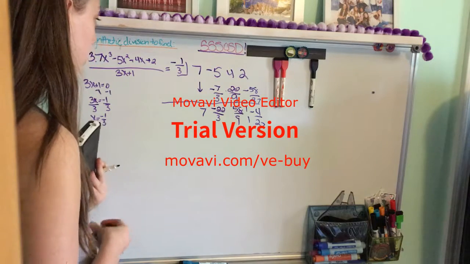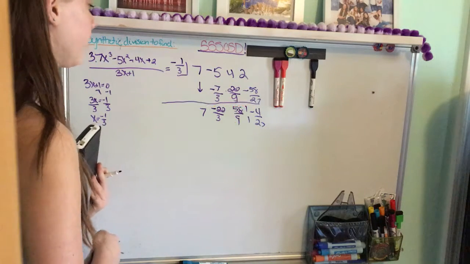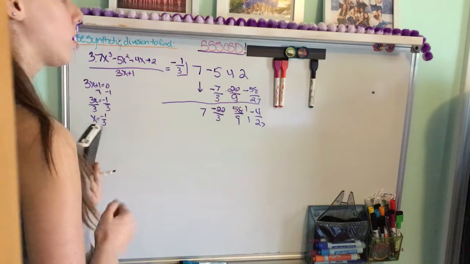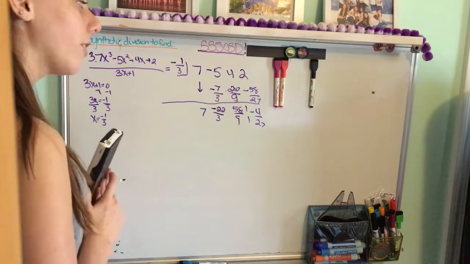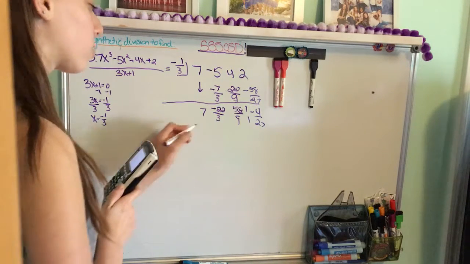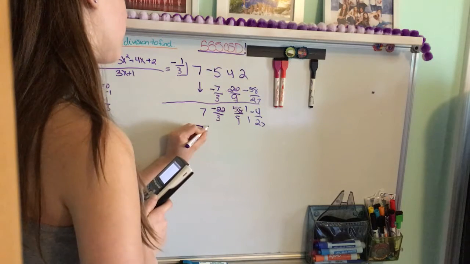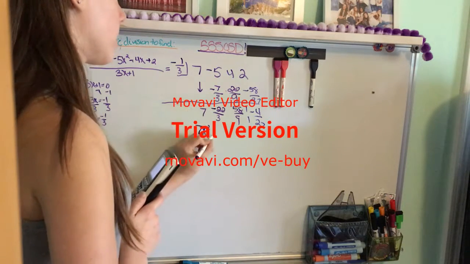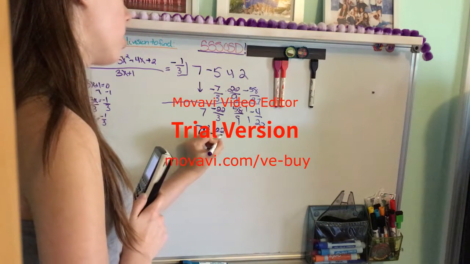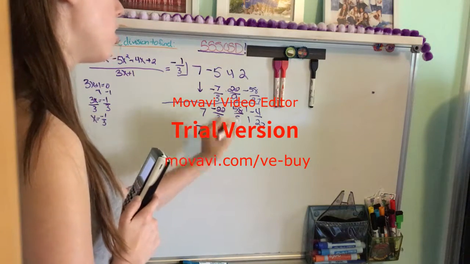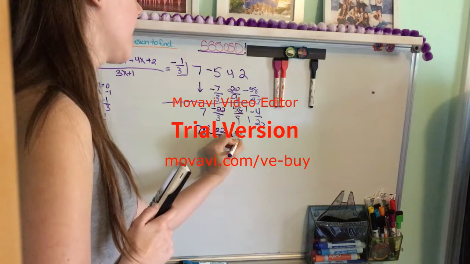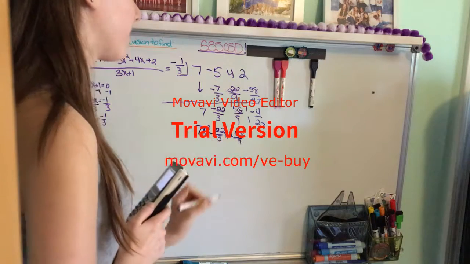And so now we're going to set up our new equation. And because we started out with x to the 3rd, we know that 7 is going to be x squared. So we're going to have 7x squared minus 22 thirds x plus 58 over 9.